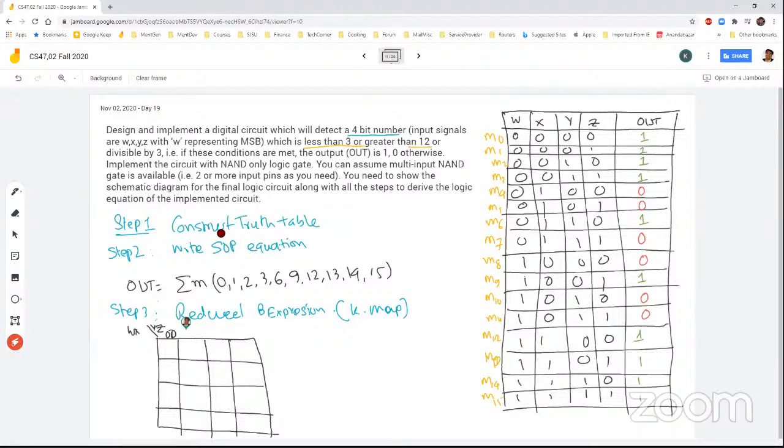Let's put the indices 00, 01, 11, 10 on both axes. The cells hold minterms 0 through 15. According to the SOP, I can construct this K-map with 1s at 0, 1, 2, 3, 6, 9, 12, 13, 14, 15.